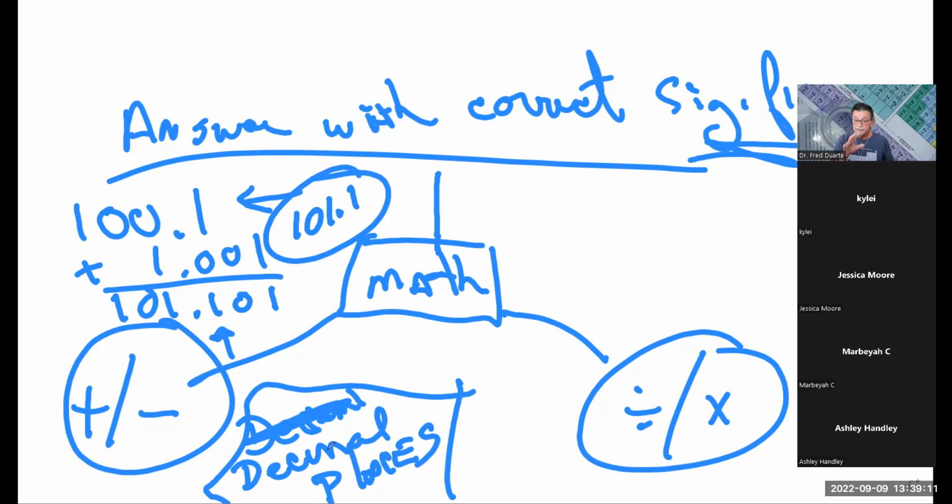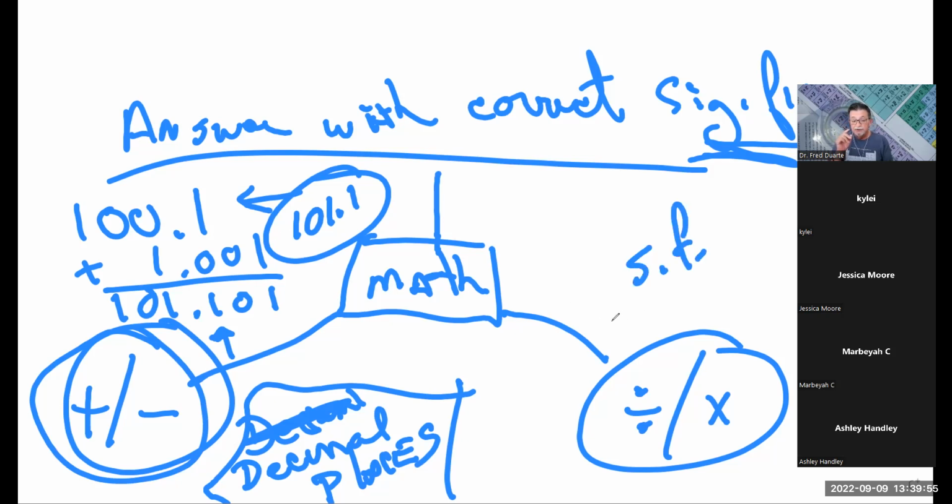Think decimal place, because significant digits do not play a role when you're doing addition or subtraction, even though the problem says to give your answer in the correct Sig Figs. Now, if you divide or multiply, now you think of Sig Figs.